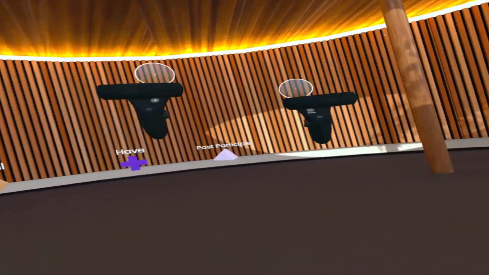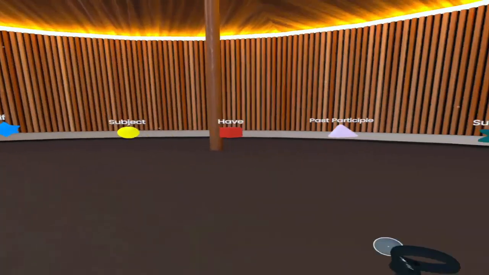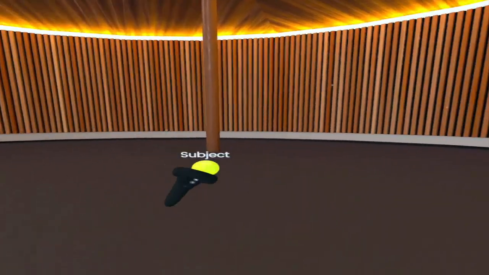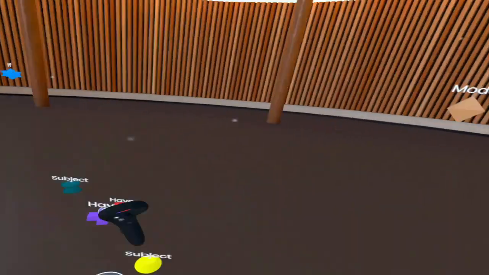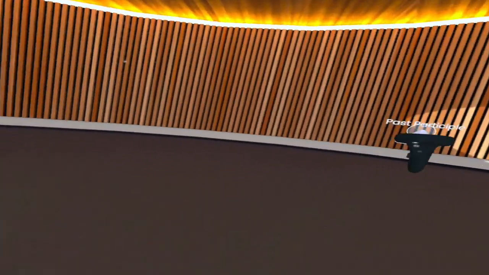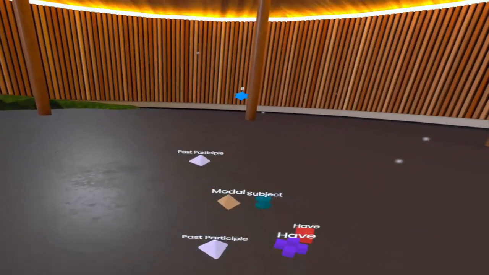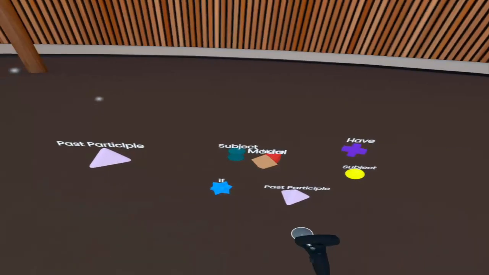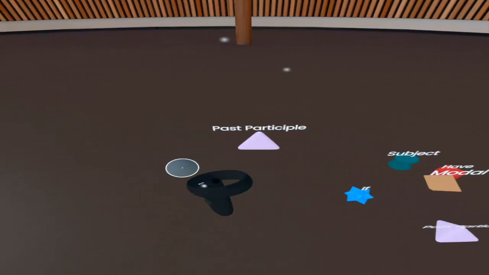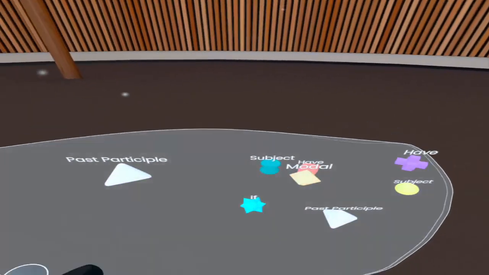So you've prepared your scene, and you can actually do this in front of students in real time. You could then break it up into random order, as I'm doing now. So I'm just grabbing each of these shapes, breaking up the order that they would ordinarily follow, and again that stimulates conversation, dialogue among your students.